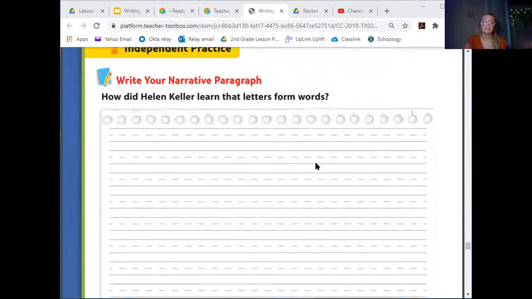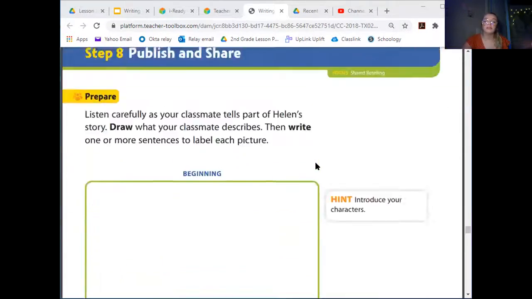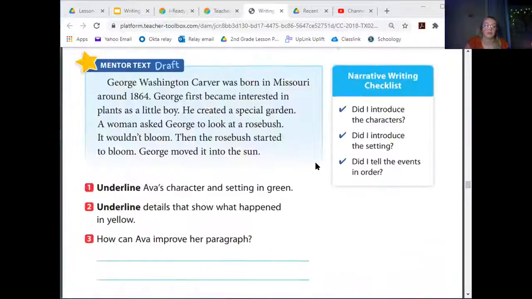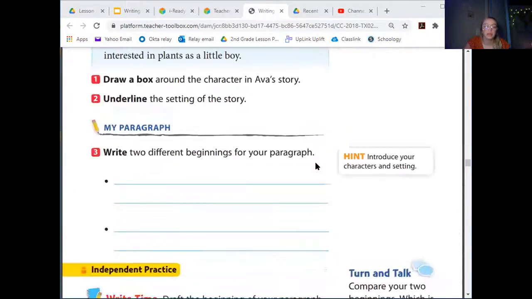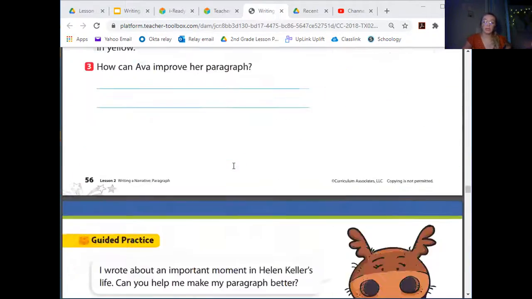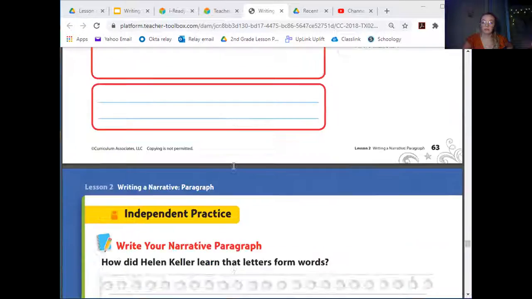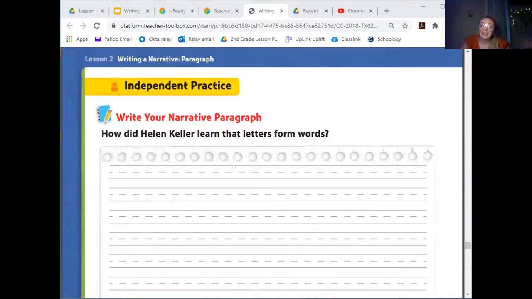And then we're going to do the same thing with the middle. So turn back to page 54. Page 54 right here. Take what you wrote for the middle and copy it to page 64. So now you have your beginning and your middle here. And then we're going to add our ending.